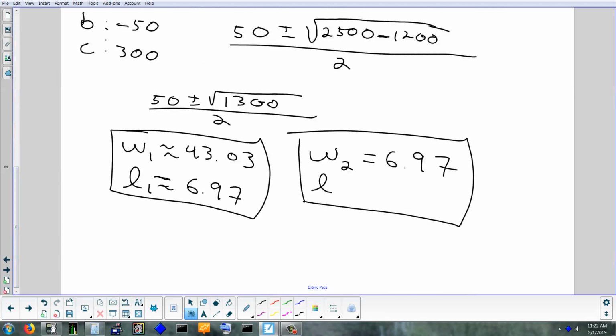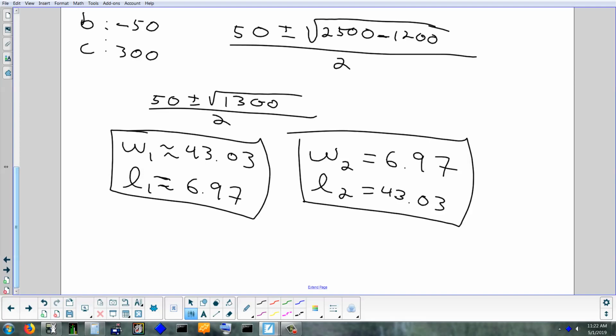So what do you think L2 is going to be? If I did 300 divided by 43.03, or 6.97, it would be 43.03. So we just found the length and the width of rectangles. So what's the difference between the 2 rectangles? The sides.